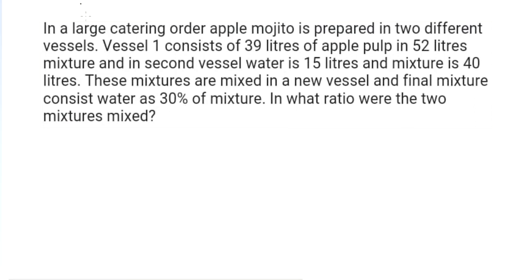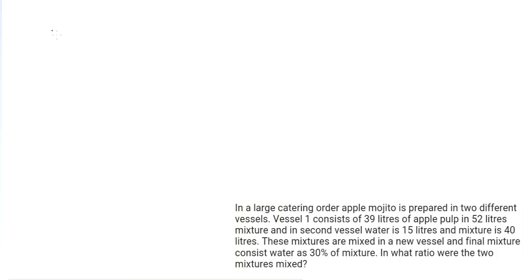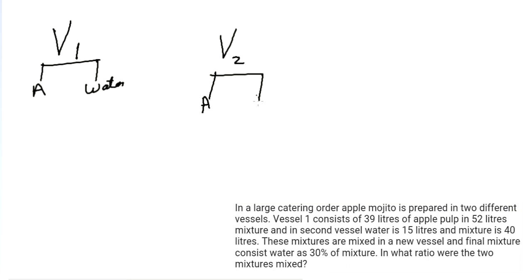Mostly this kind of question is easy to solve by the mixture and alligation technique. We need to know that. So let's solve. Like I said, vessel 1 has apple and water. Let's say A for apple and W for water. Same goes with V2, vessel 2, A for apple, W for water.